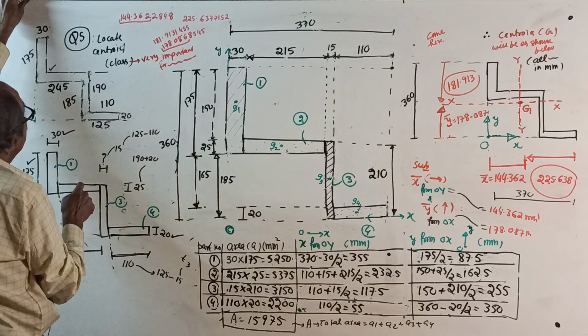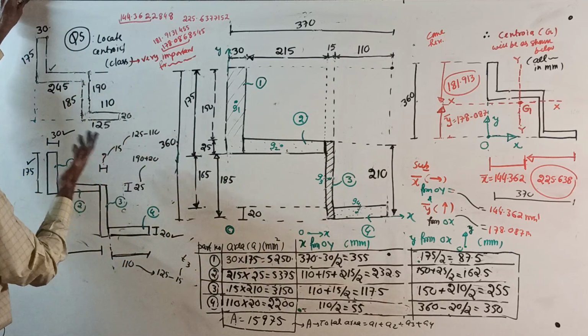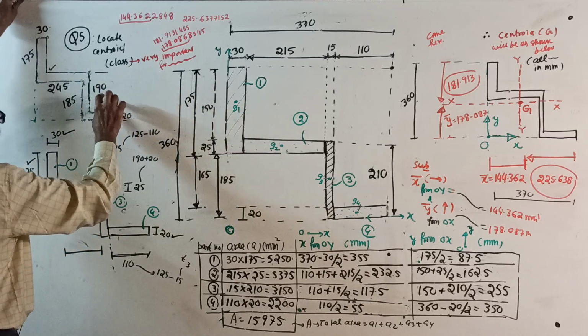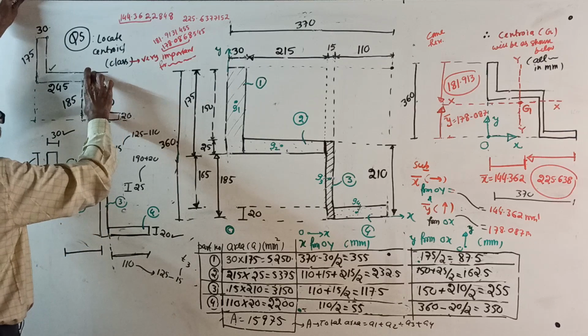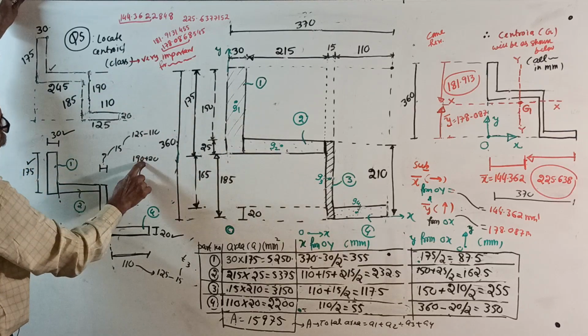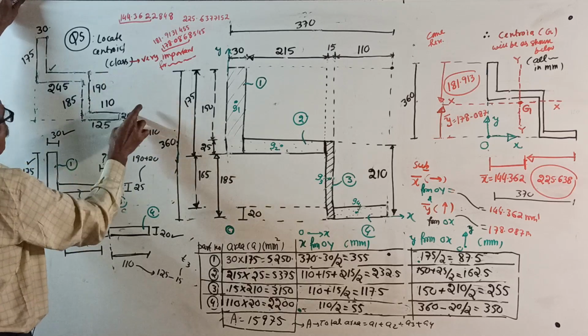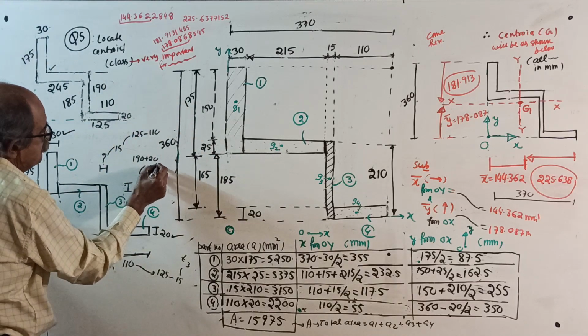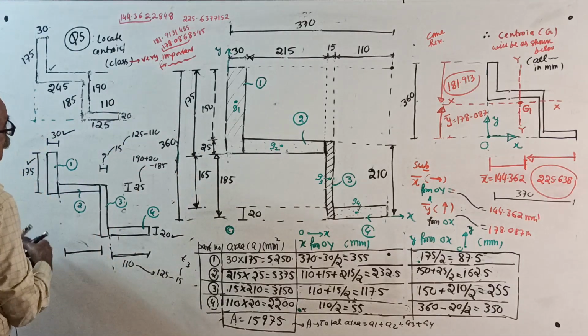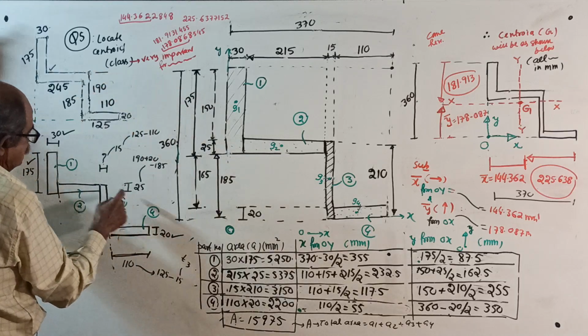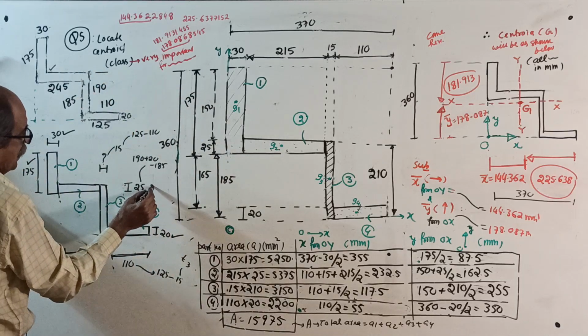First you get this thickness: 190 plus 20, then from that subtract 185. That's how you got this thickness, 25. So this thickness is over, 25. That also is clear.